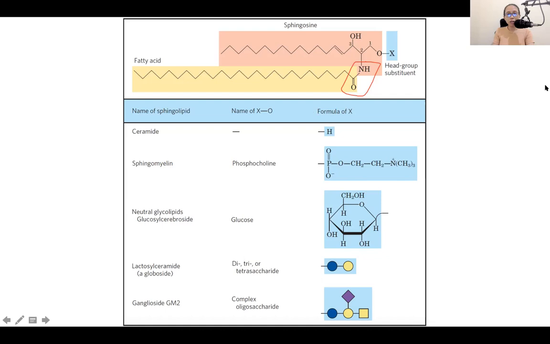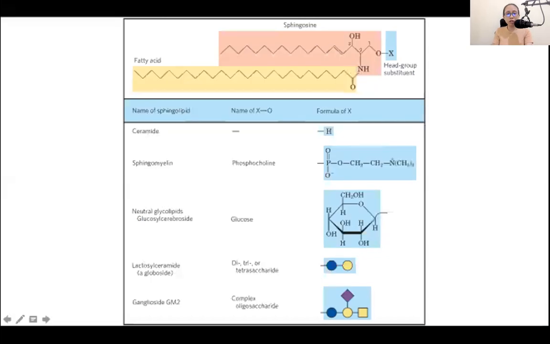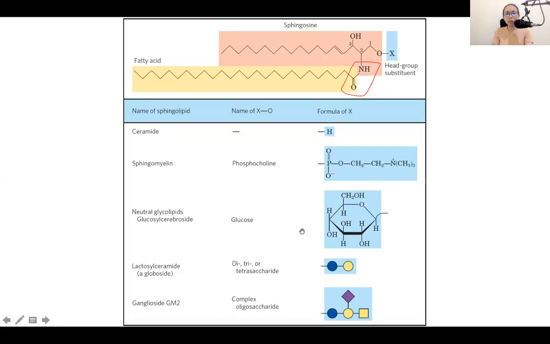Okay? So, these molecules, where do we see them primarily? Yung mga gangliosides, cerebrosides, globosides, etc. Ayun, sa neural tissues. Your cerebrosides are found in the plasma membranes of cells in your neural tissue.